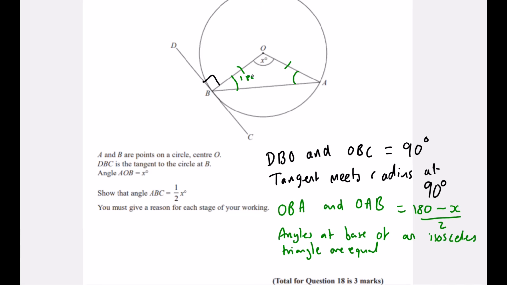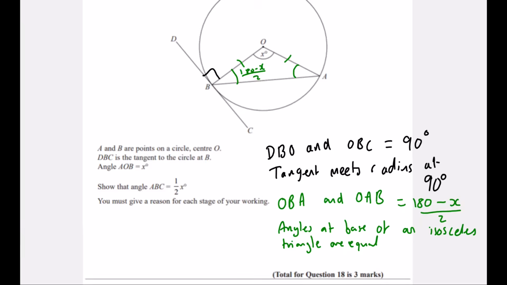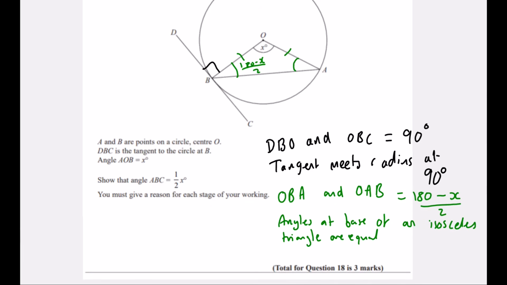So 180 minus x over 2. We want ABC, so it's just going to be 90 take away 180 minus x over 2.